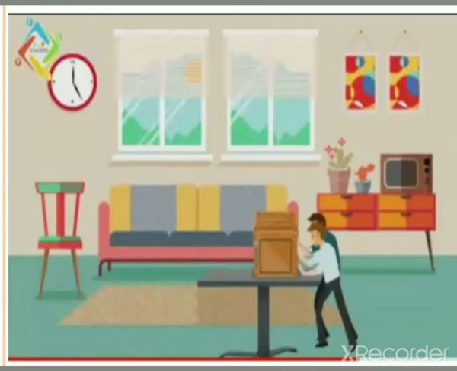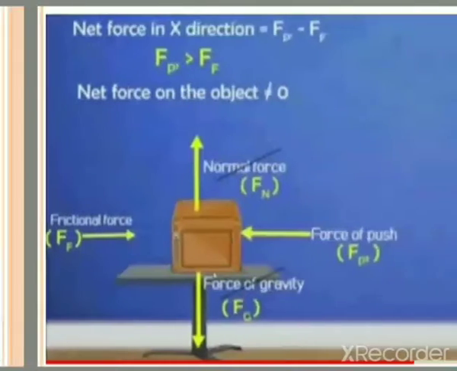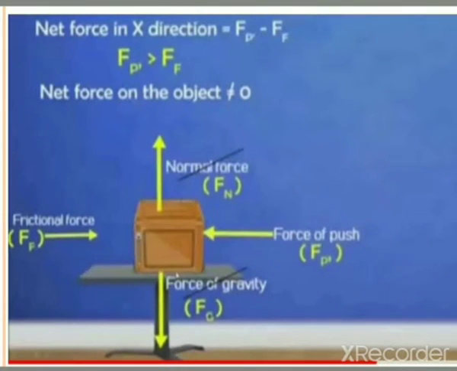Imagine this is your house, and this time to push the box you got the help of your friend. Now the force of push, which is denoted by P, and force of friction, which is denoted by F. This time you are able to push the box because you got the help of your friend, and there is a movement in the box.